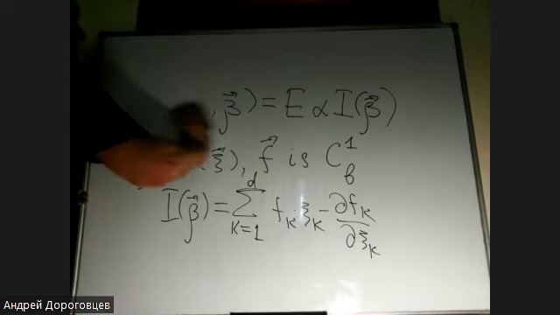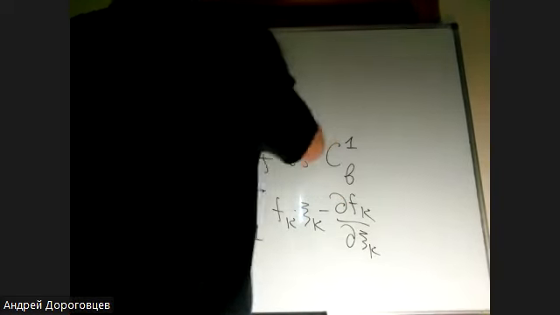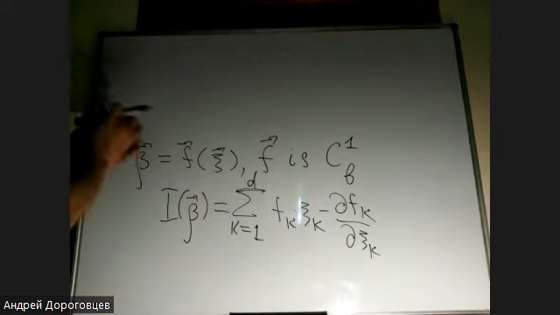So let us suppose that our variable beta is organized in the following way.